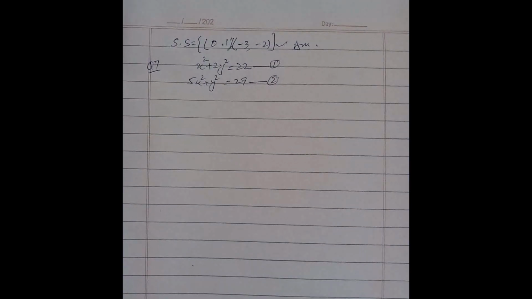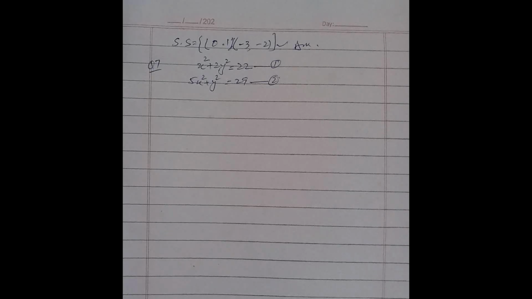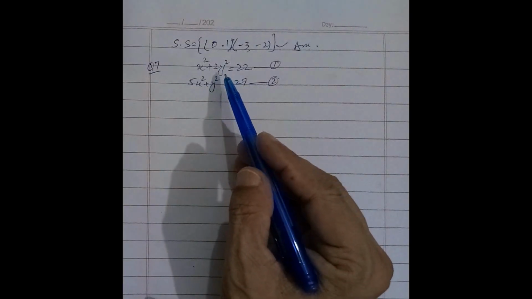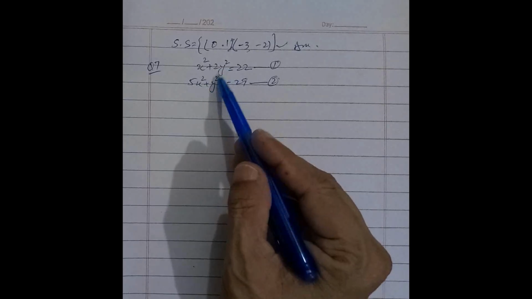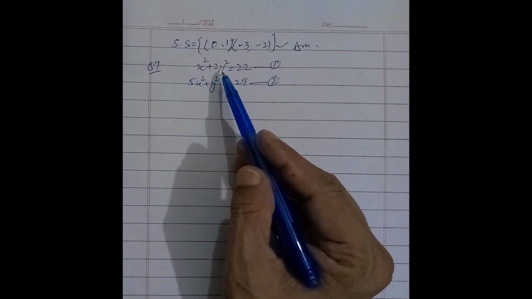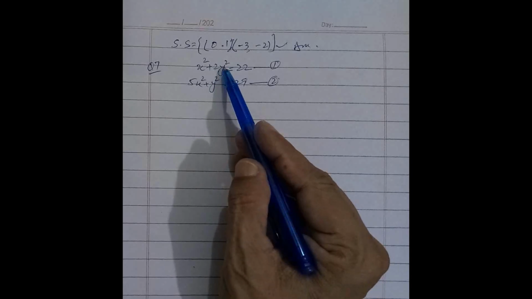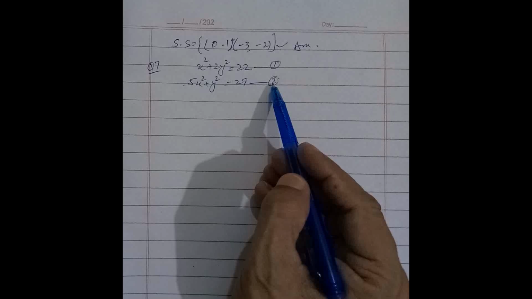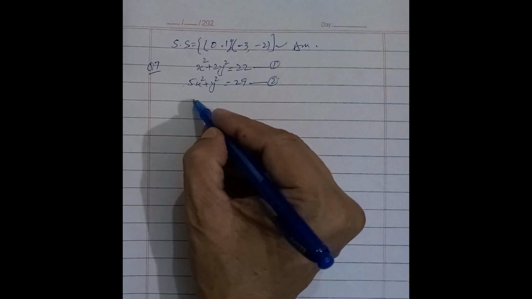So in this question we cancel anyone, x or y, first. So we take the common coefficient of y square, in which we multiply equation 2 by 2 and then solve it.